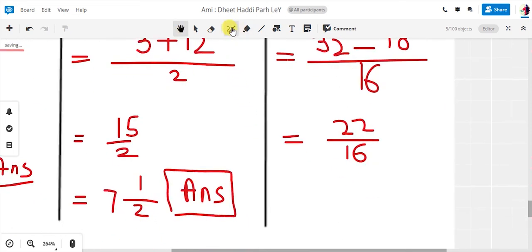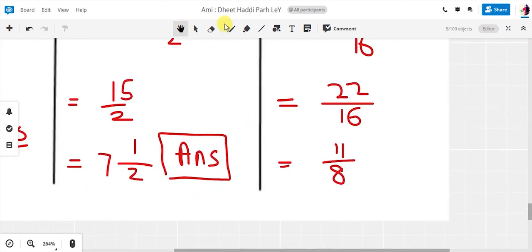Now we have to simplify these fractions. We have to check whether it can be further simplified or not. So yes, both of these numbers are even. It can be simplified on the times table of 2. So 11 times 2 is 22 and 8 times 2 is 16. Can it be further simplified? No. Okay, then leave your answer here, or you can further convert it into a mixed fraction.